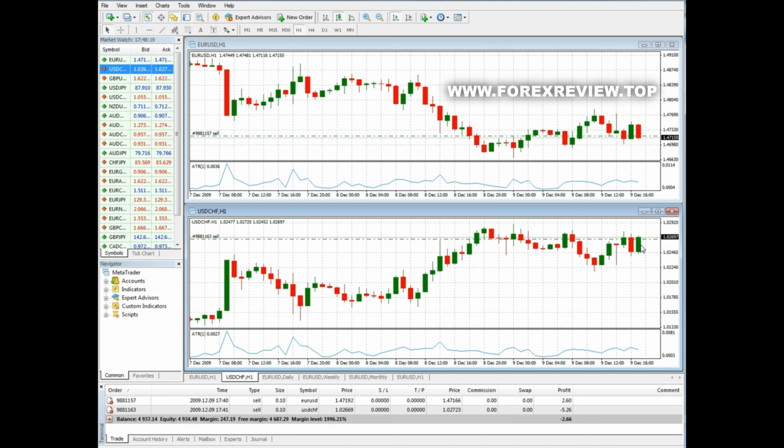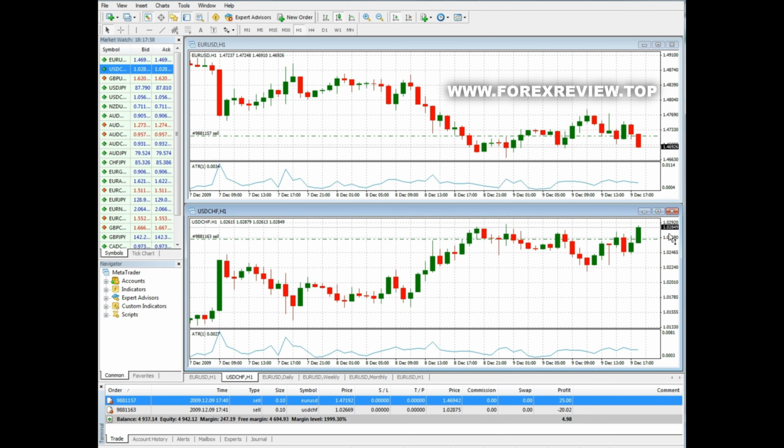Okay, let's see how this trade develops. I'm going to place this on pause for a moment, and we'll be right back. Okay, we're back, and what can you see that's different? Let's take a look down here at the changes. You see where the pips have moved up here, and the euro dollar US dollar moved down here, and you can see that our overall equity has gone up rather than down.